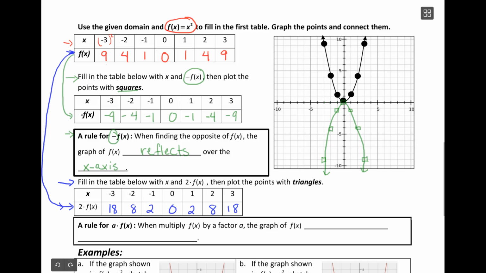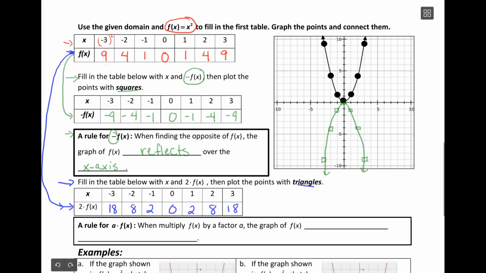All right, now I'm going to graph them, this time with triangles again. So at -3, I can't graph 18. That'll happen sometimes when you do a transformation. It just won't fit on your graph. You just skip that one. All right, -2 is now at 8.